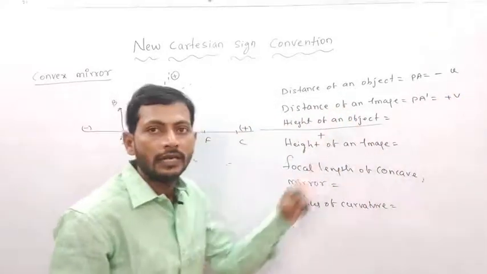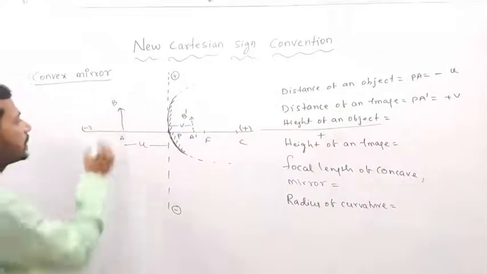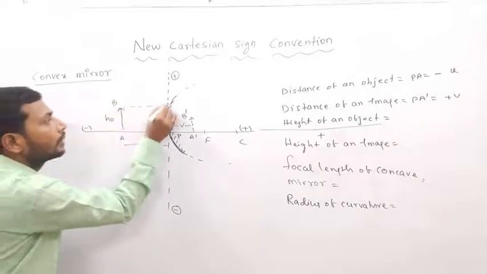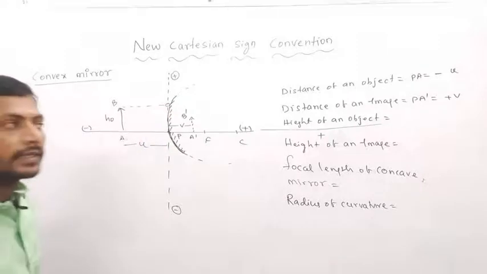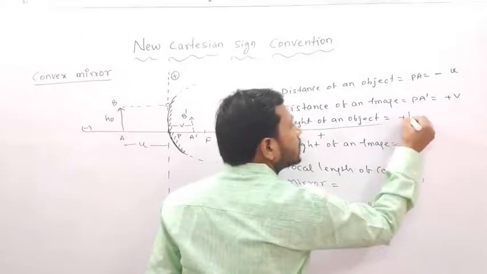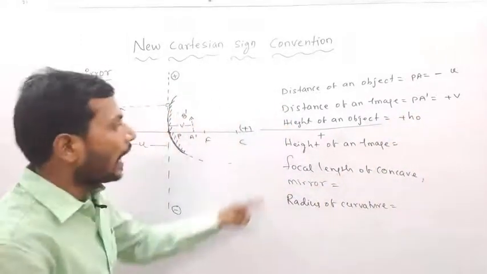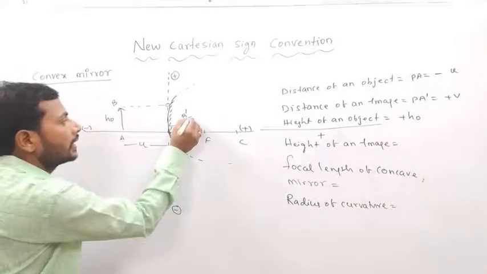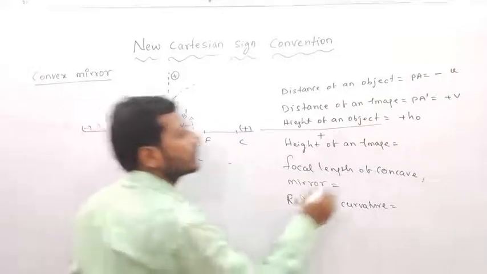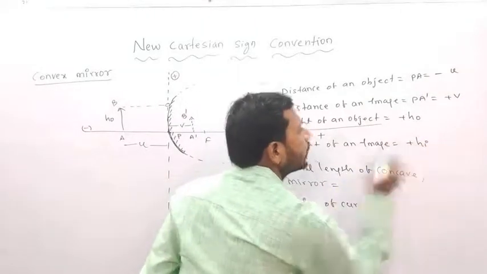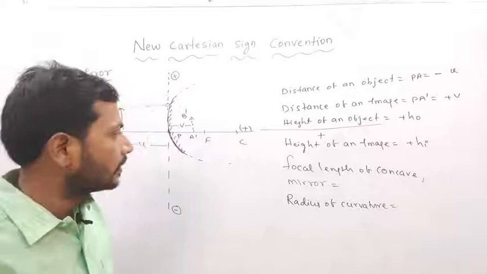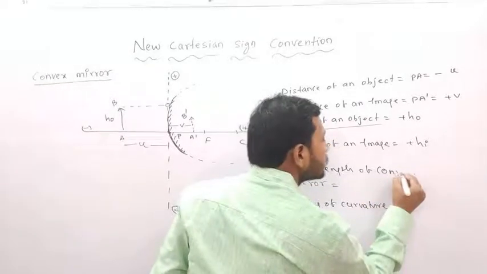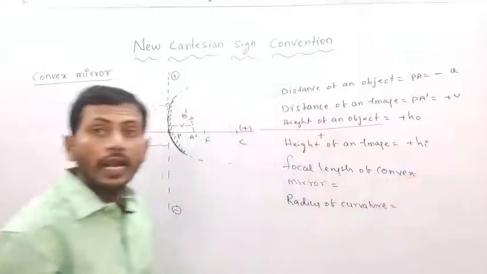Height of an object is represented by HO. It is represented on the positive y-axis, then it is plus HO. Height of an image, observe there, is also represented on the positive y-axis, then it is plus hI. Now focal length of convex mirror.